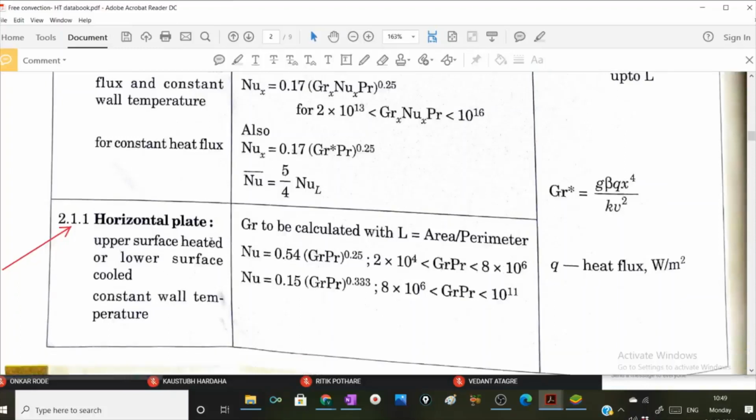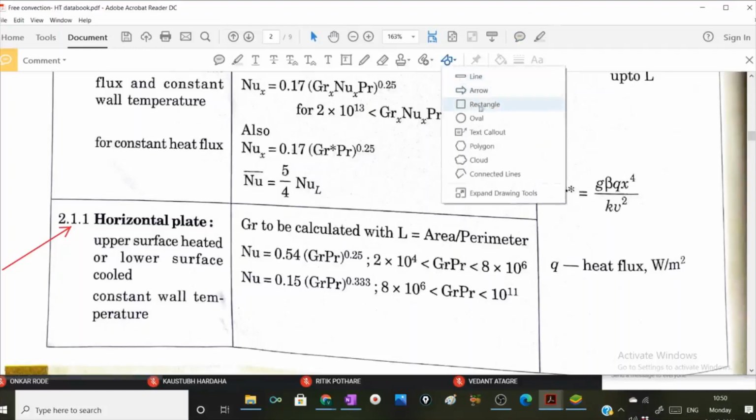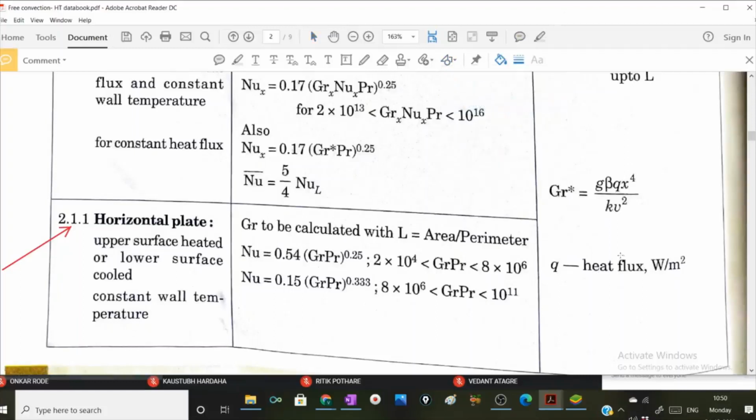Upper surface heated or lower surface cooled and constant wall temperature boundary condition. So this is going to help me, and depending upon the value of GrPr, which is 9.492 into 10 to power 6, this expression is applicable in our case.